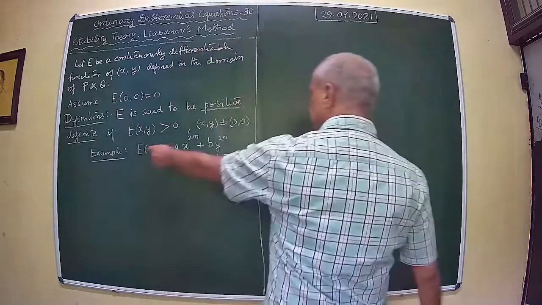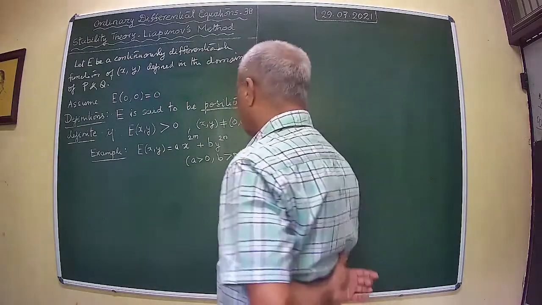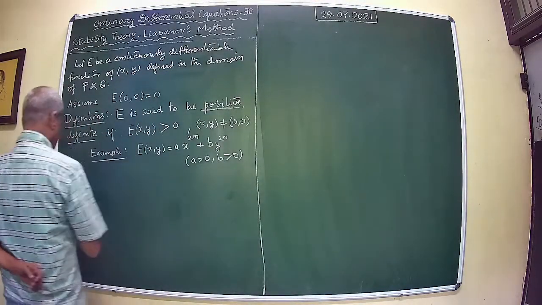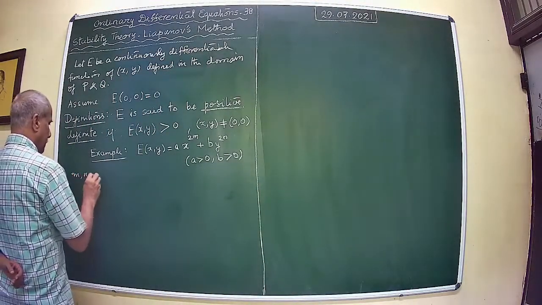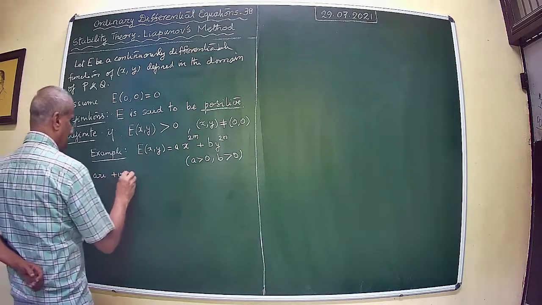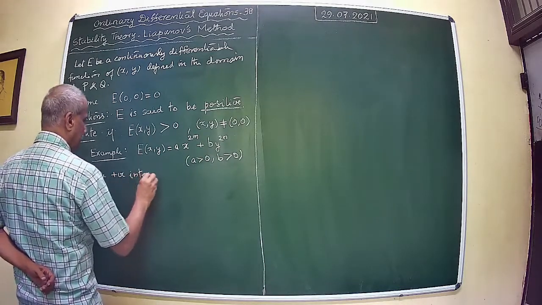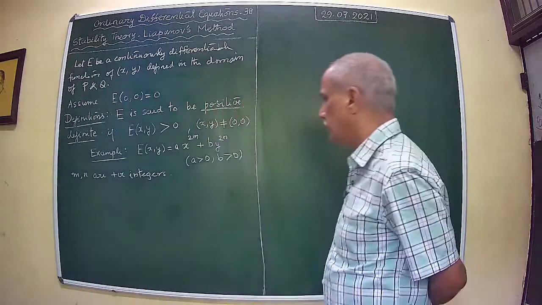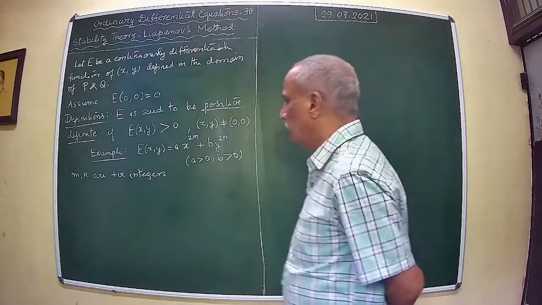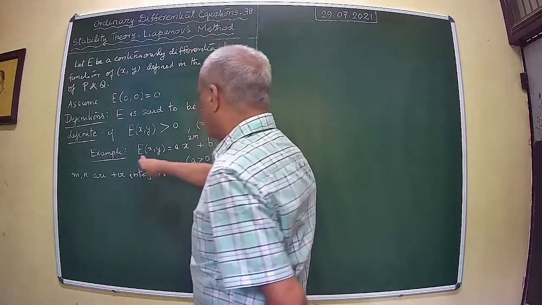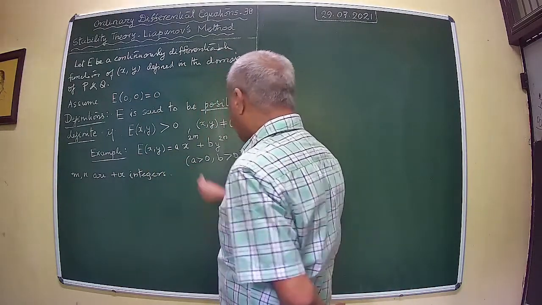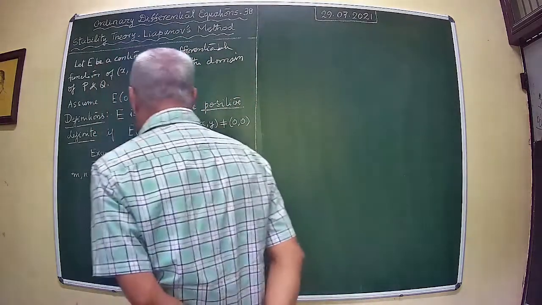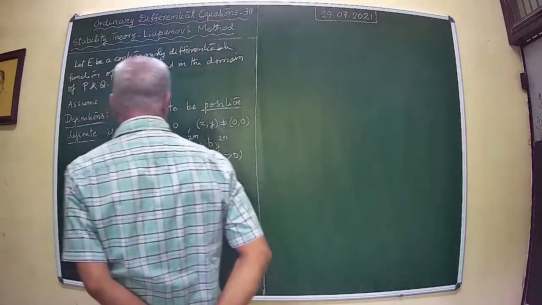Now you know that this is a smooth function and m and n are positive integers. Then this is a positive definite function. You see that it's smooth. E(0,0) equal to 0, but nowhere else E is 0. So this is an example of a positive definite function.